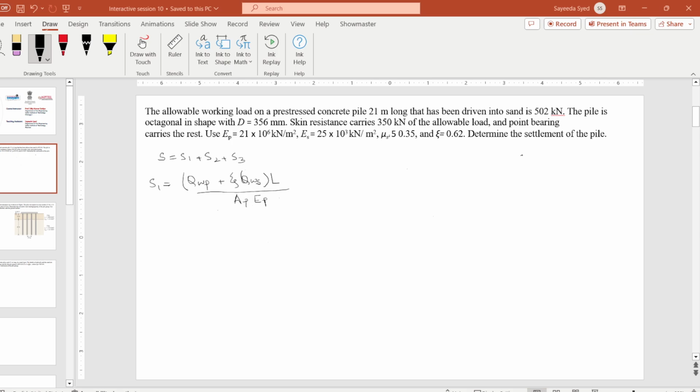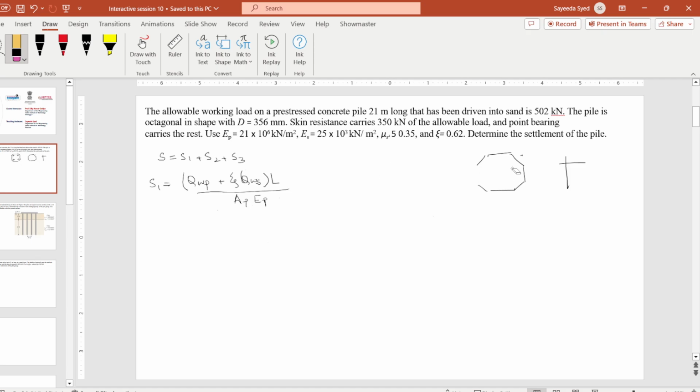It looks something like this. And then we have an octagonal shape also, and there are tables in which you will get the section modulus and everything. So for now, we don't need to calculate it.